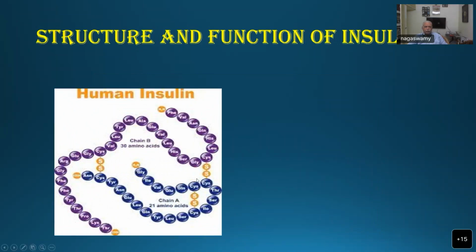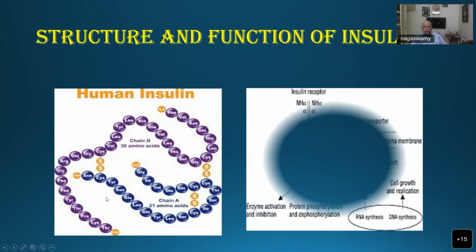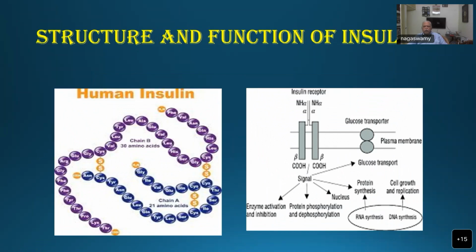Chain B is 30 amino acids and chain C is 20 amino acids, and each one has a fixed arrangement of amino acids. And this is how the signaling system takes place.